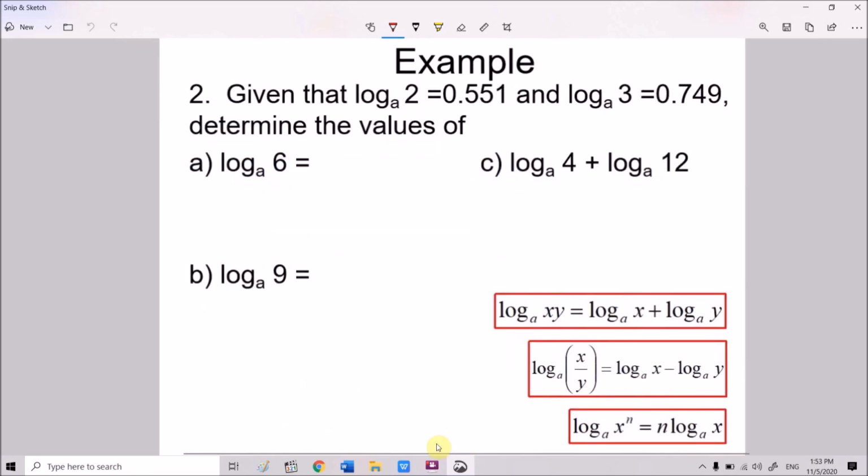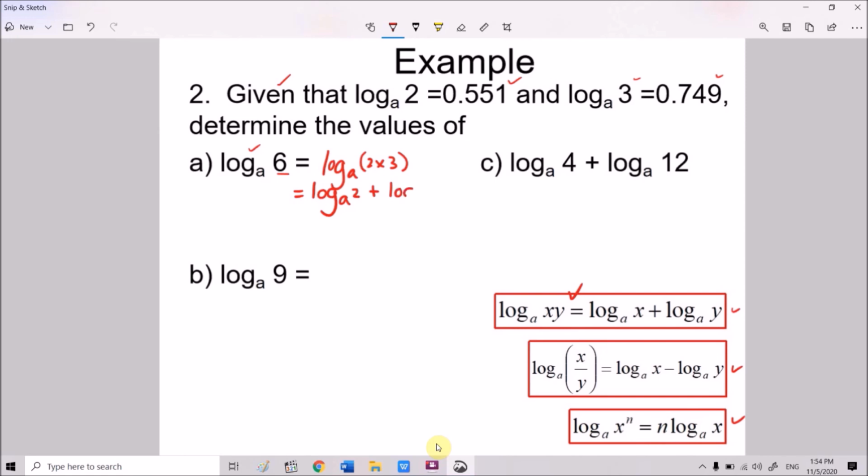Now question number 2. Given that log base a of 2 equals to 0.551 and log base a of 3 equals to 0.749, determine the values of this log base a of 6. So we have the 3 formulas here, the 3 laws here given. So we have log base a of 2 times 3, and we can use a product law here to help us to rewrite this as log base a of 2 plus log base a of 3.